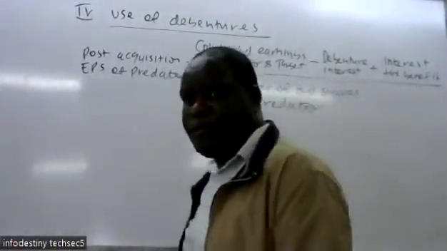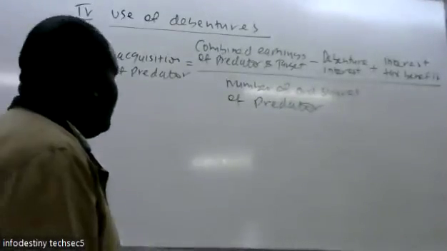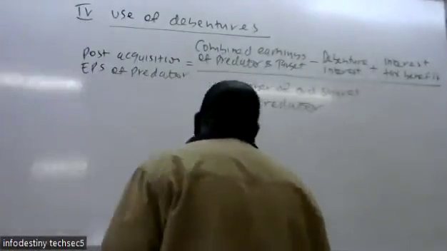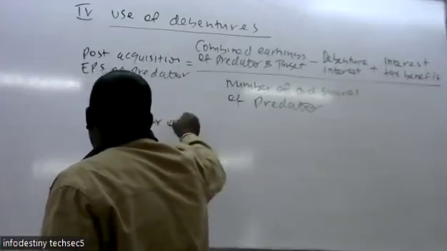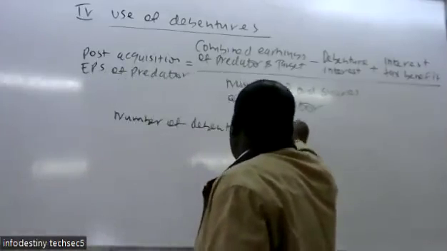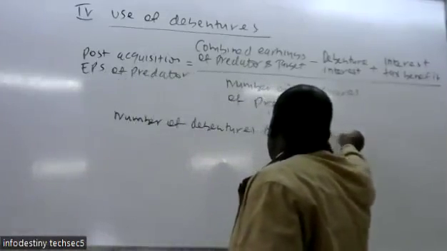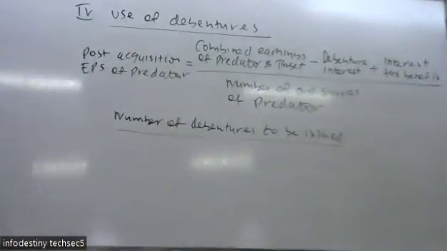So we should first of all get the number of debentures to be issued. They have stated that the shareholders are offered 12% debentures.